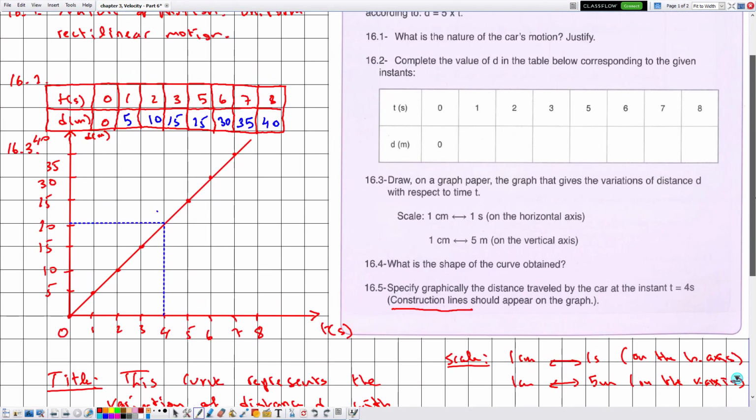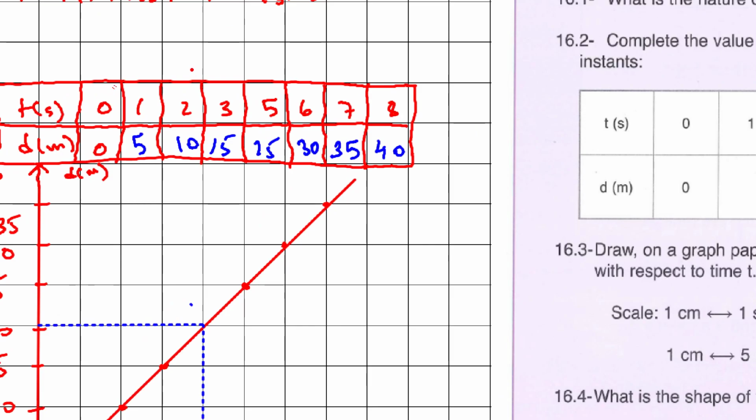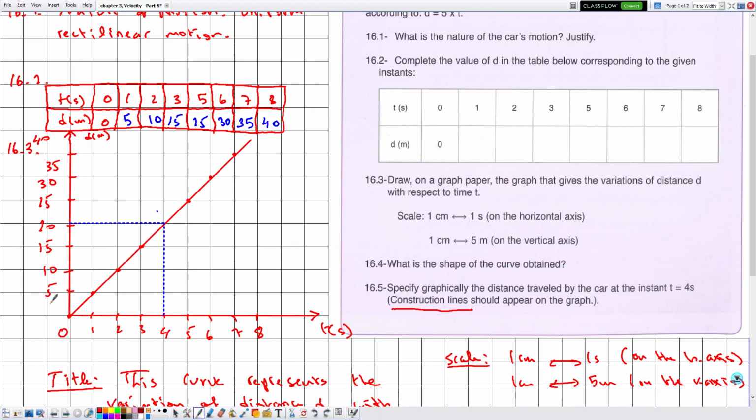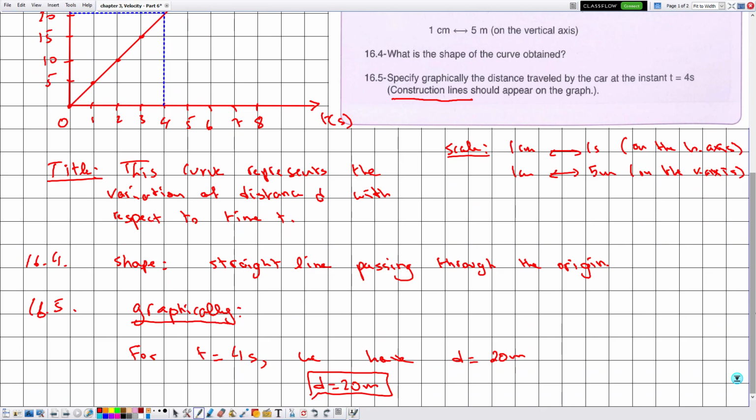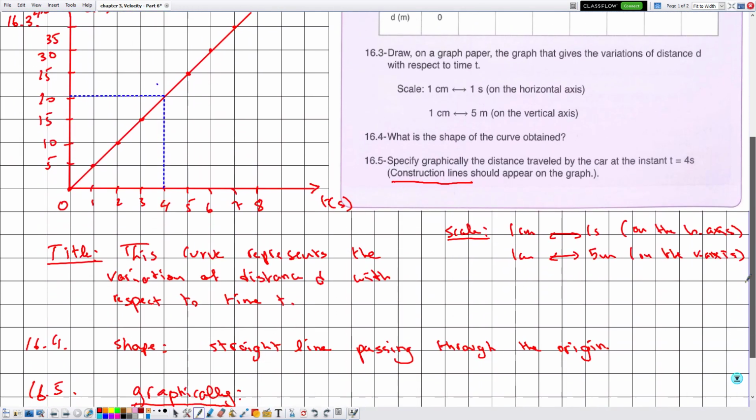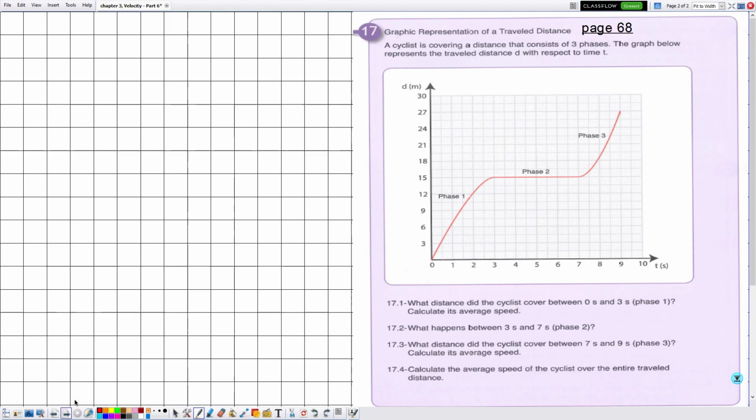And notice that we are always interested in transforming data from a tabular form to a graph, because usually the graph has more information than the table. Notice that in this case the value 4 doesn't appear in the table, but it appears in the graph. So usually the graph is stronger than the table. Okay, so this is it for exercise number 16.